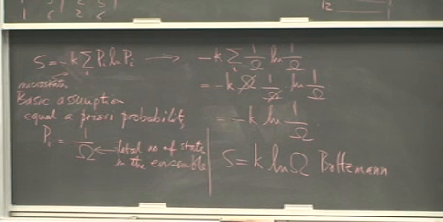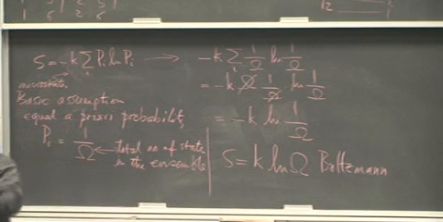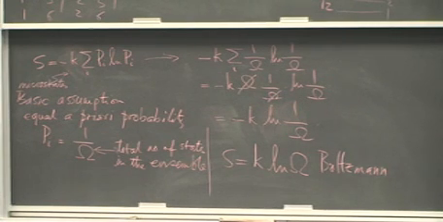So, in the city of Vienna, you find Boltzmann's tomb, and the tombstone says S equal to k log omega. And that has become the identity of the person also.